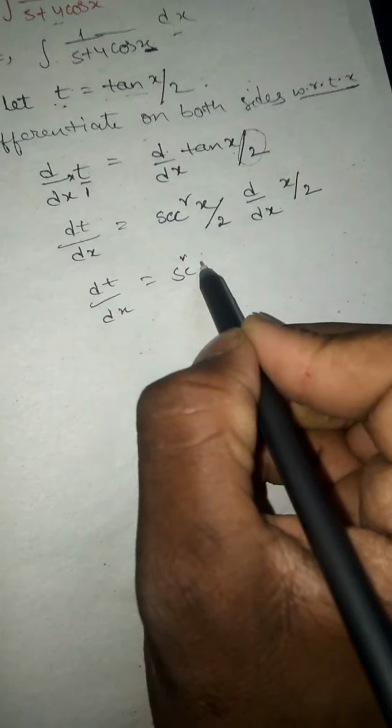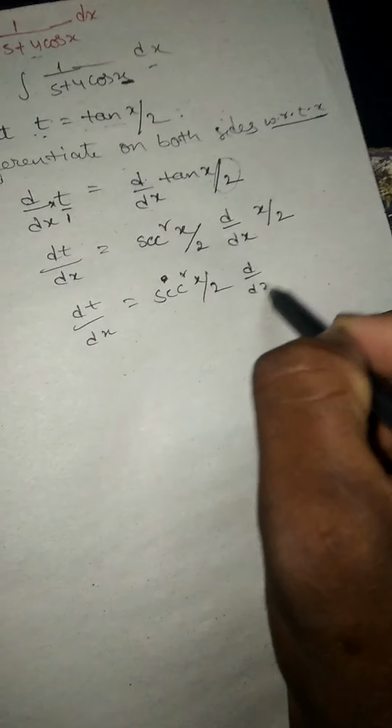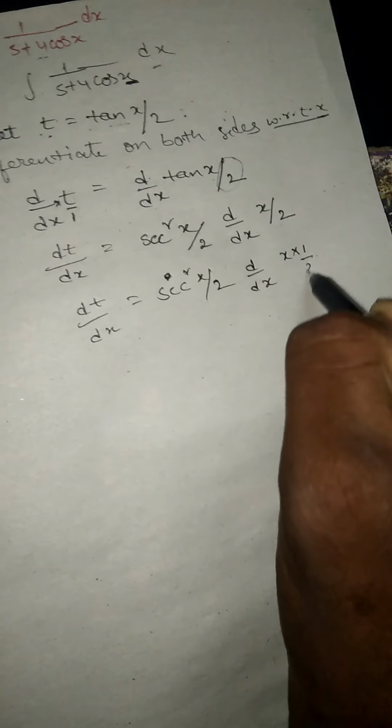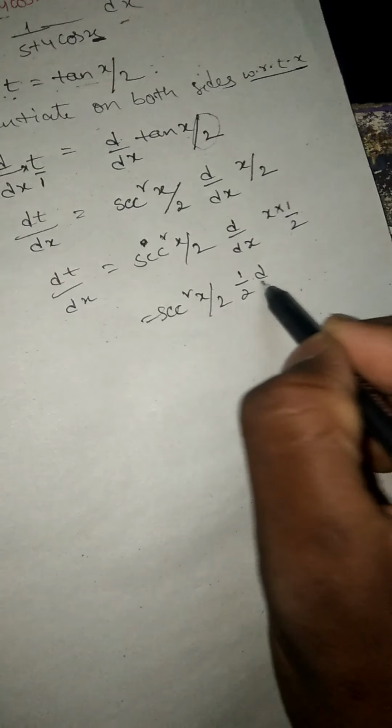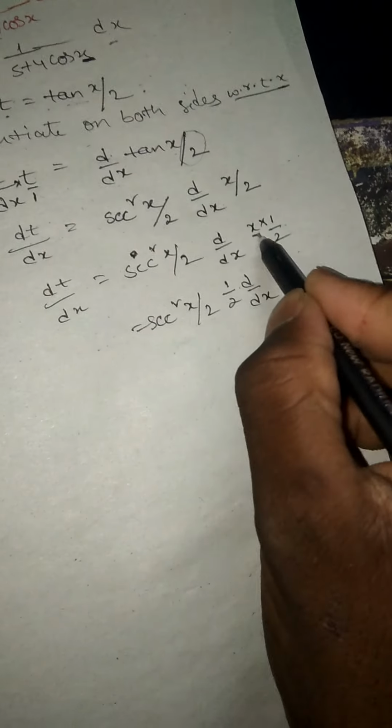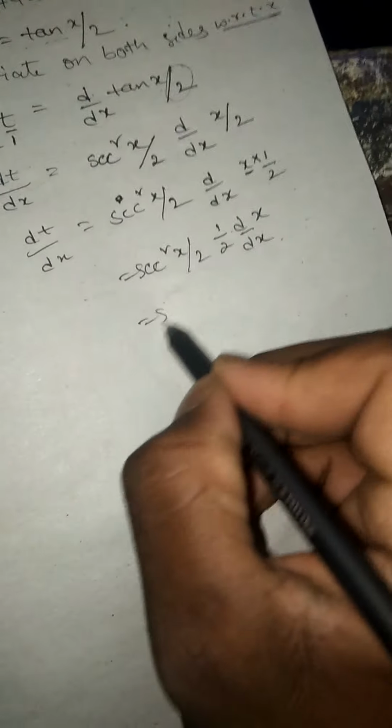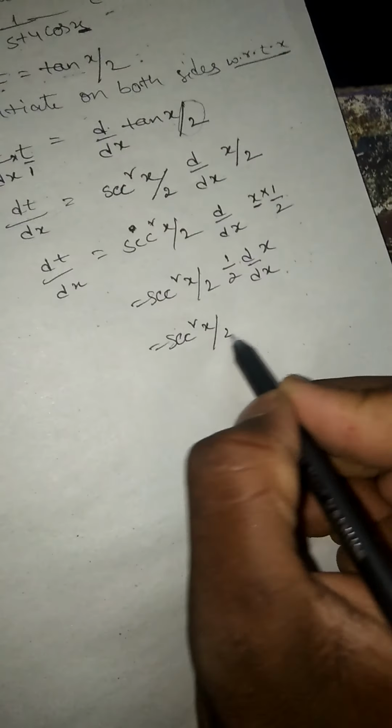So next comes secant square x by 2 into d by dx of x into 1 by 2. We can write x by 2 as x into 1 by 2. Here 1 by 2 is a constant, so this constant comes before the derivative d by dx of x.